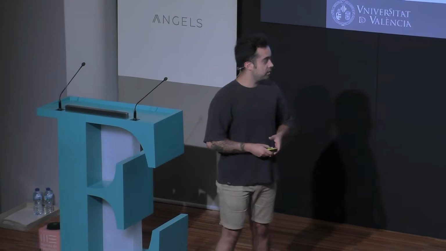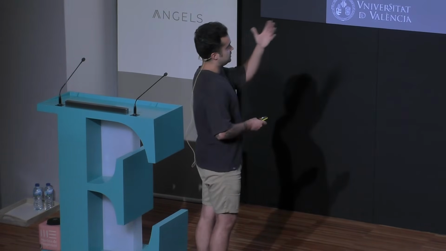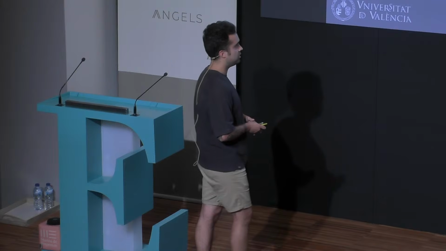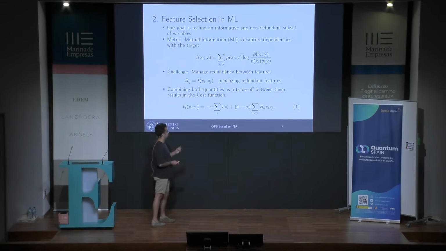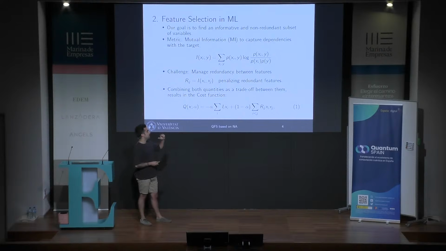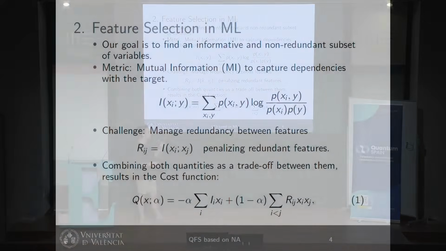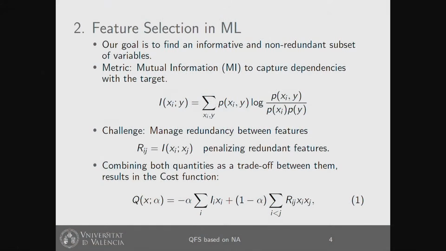Feature selection works with this formula we find here, in which we have two very important quantities: the individual importance and the redundancy. The individual importance measures the information that is shared between the target and the individual feature in the data set.